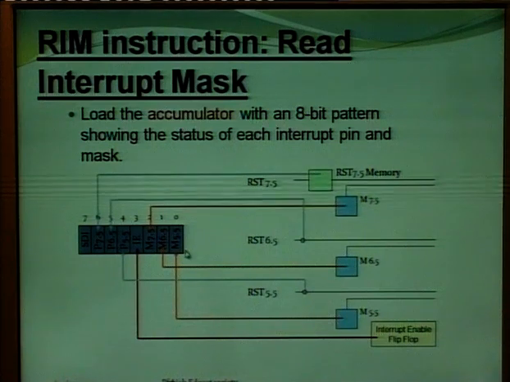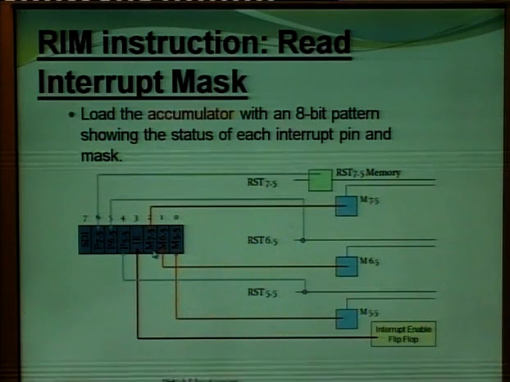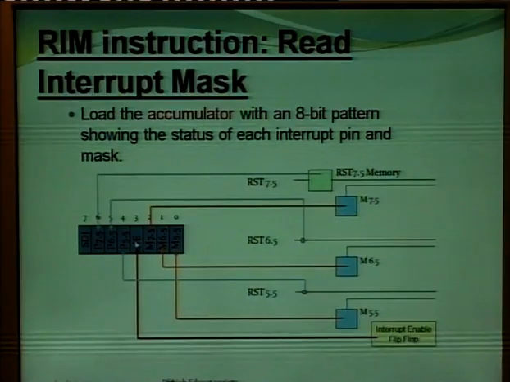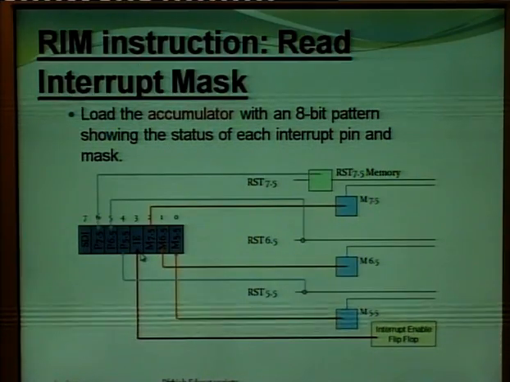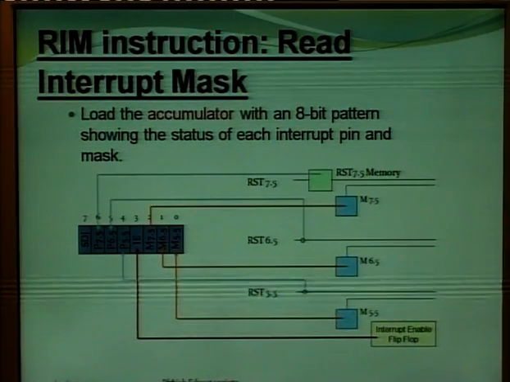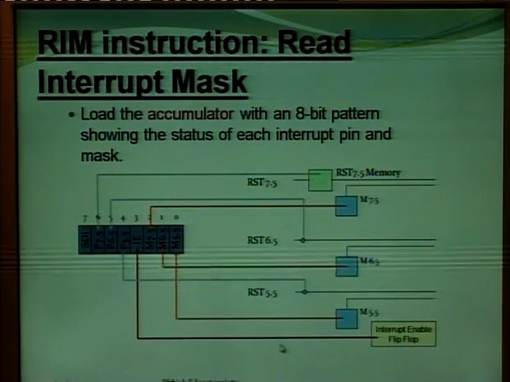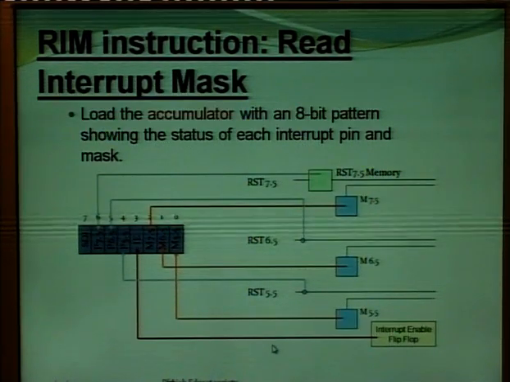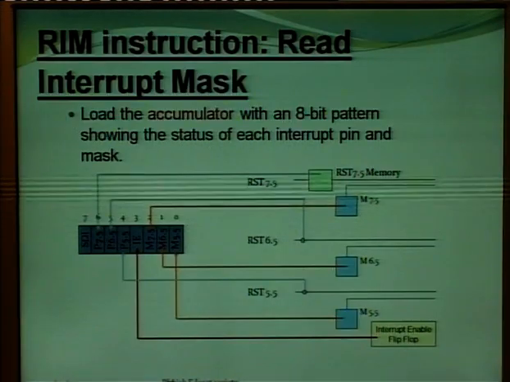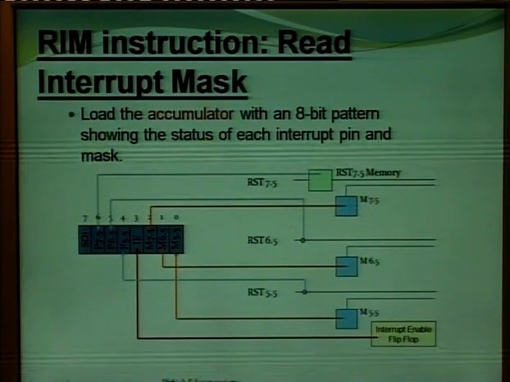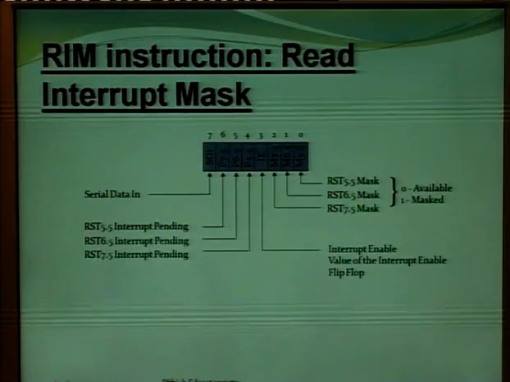The first 3 bits are used to check whether masking is done or not. Bit 3 is for EI, the interrupt enable flip flop. The next bits 4, 5 and 6 tell whether a particular interrupt is pending or not, and bit number 7 is used for serial input data, which is extra functionality.